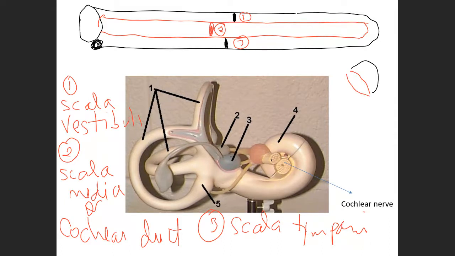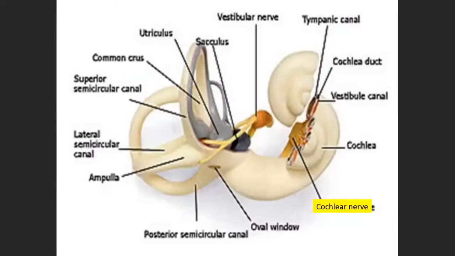And then another one here, and then another one here, which makes it confusing, but that's basically what's happening: you're cutting through many of these structures all at once. So you do not need to know the scalas. I'm going to show you in a minute a model that has all these scalas where you can actually see it.